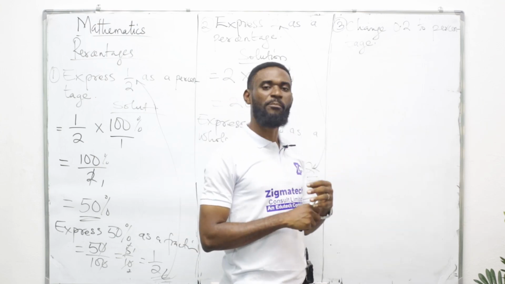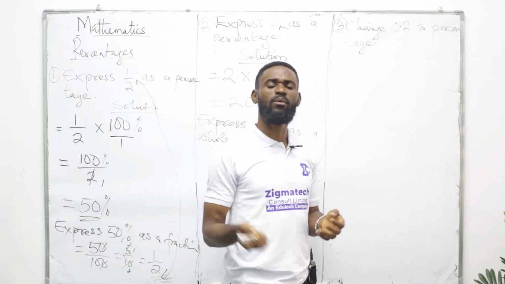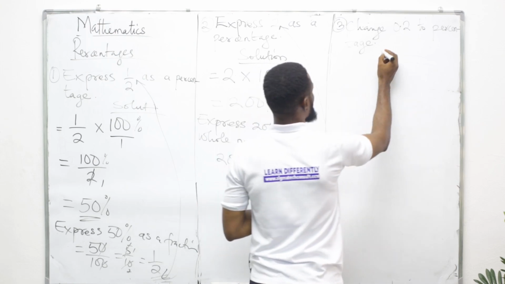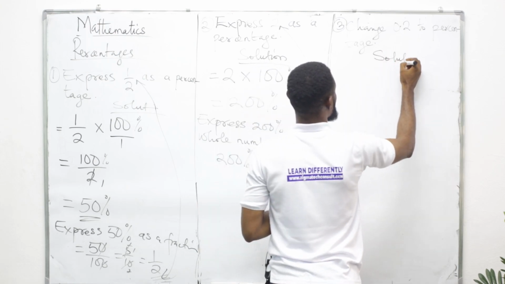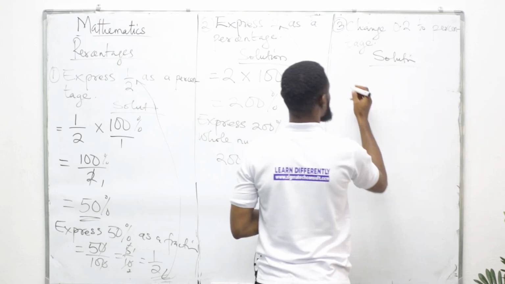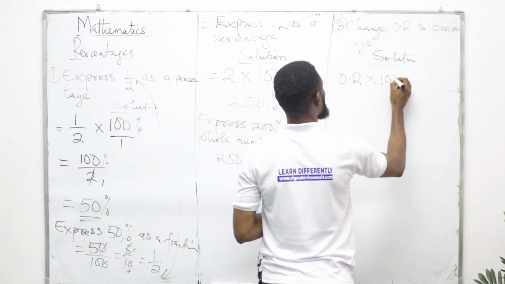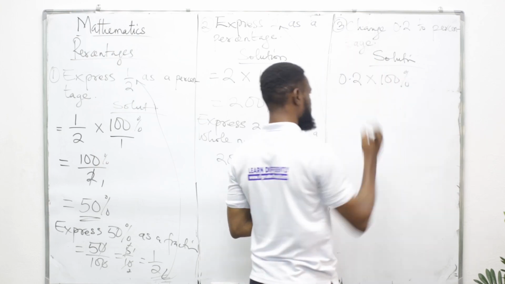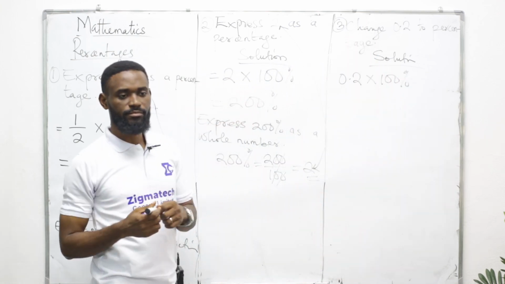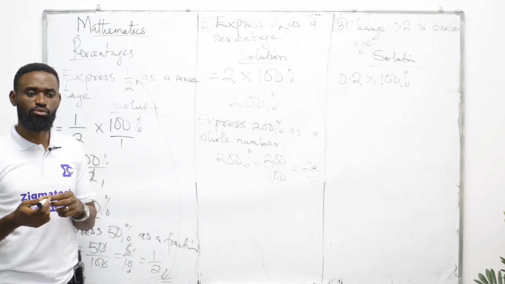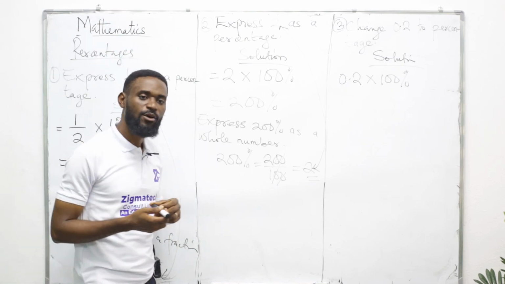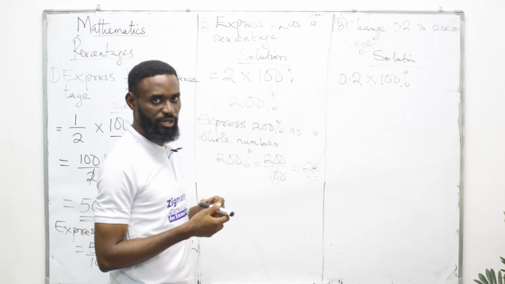To change any number to percentage, multiply it by 100%. So the solution of this means 0.2 times 100%. Do you understand that now?